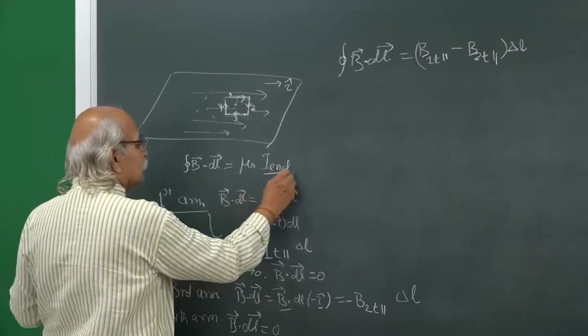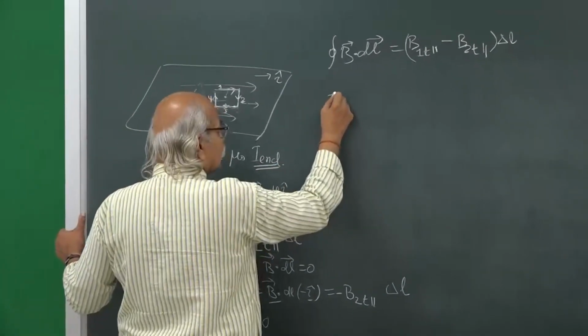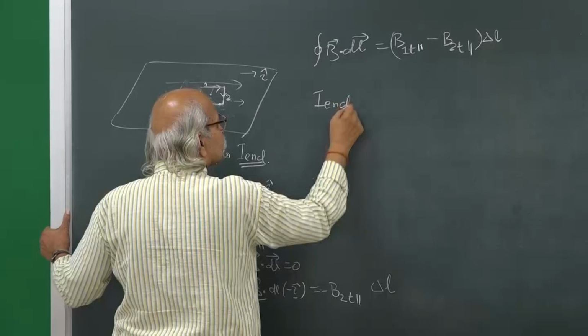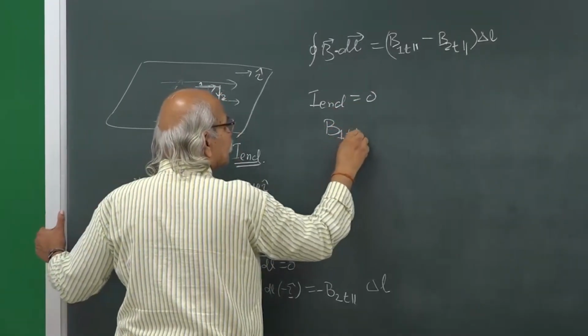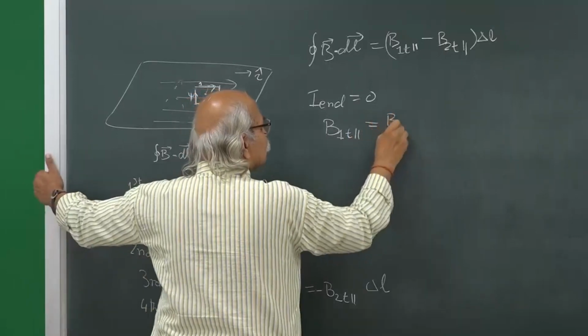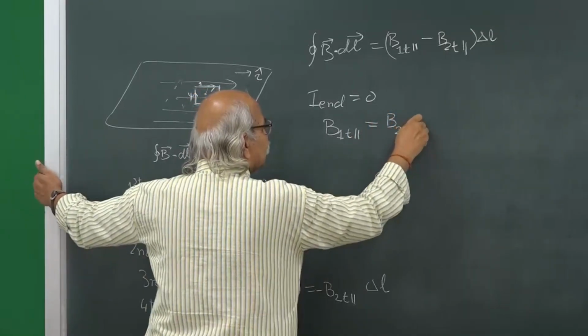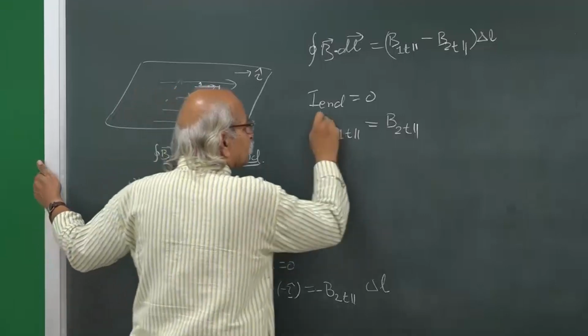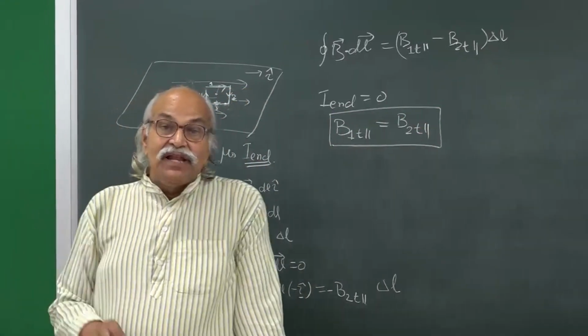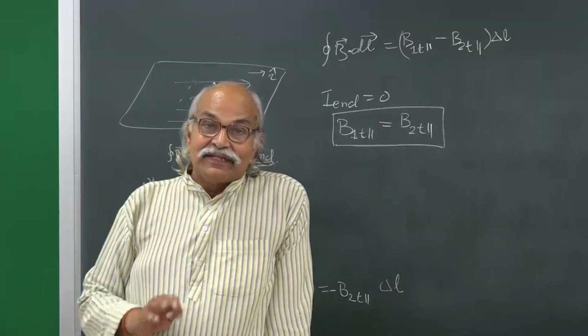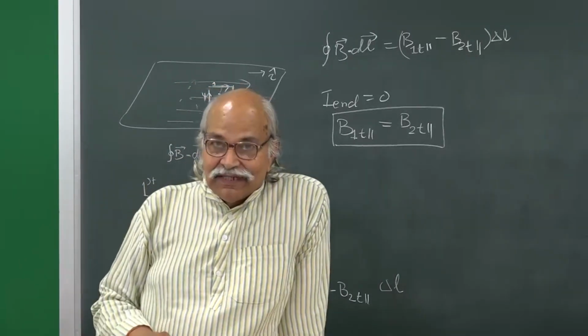Therefore, the right hand side, I enclosed, is 0, and hence B1 T parallel is equal to B2 T parallel. The tangential component of magnetic field, tangential to what?